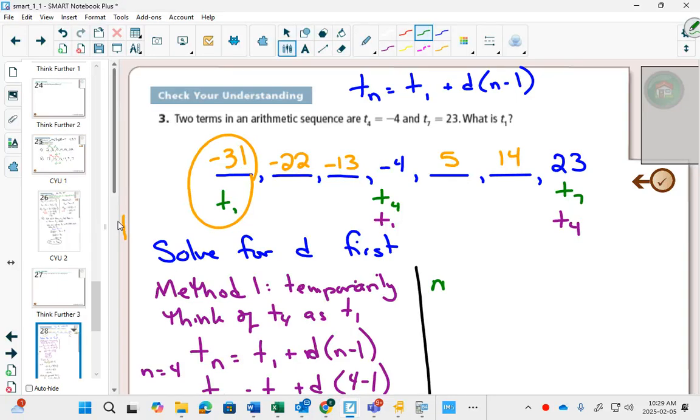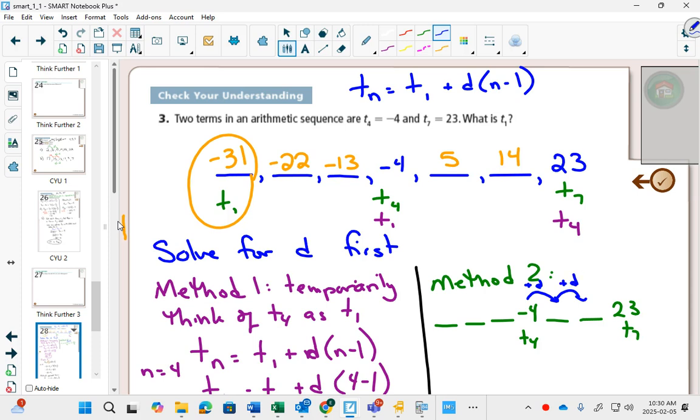I'm going to do method 2 in green. So again, method 2, I'll just rewrite this. Method 2 starts the same way. We know term 4, we know term 7. But method 2 uses the idea that if there's a common difference, I would have to add D once to get to this space, add D again to get to this space, and add D a third time to get to this space.